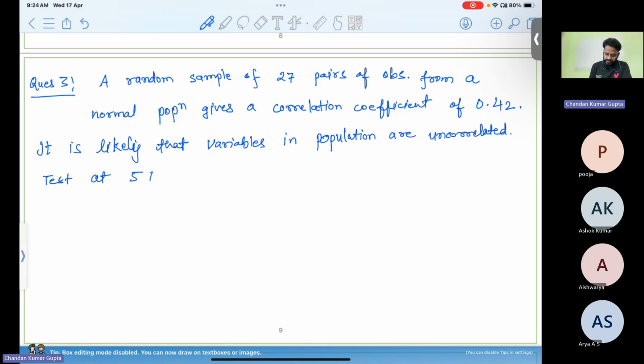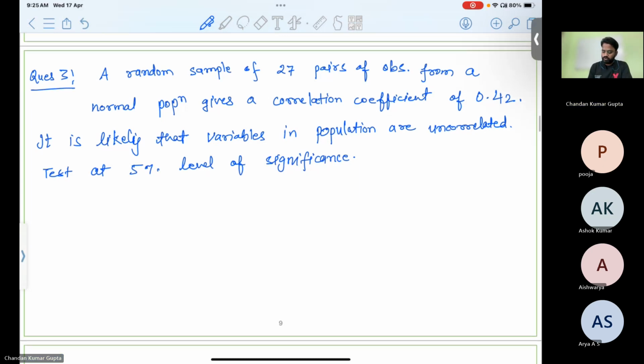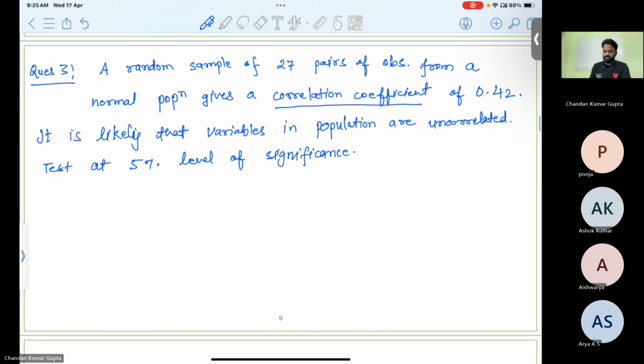Okay. So now we will test for the population correlation coefficient. Before, we have tested for the mean when sigma square is known or unknown, and for the variance when the mean is known or unknown. Then we tested for proportion. Now we will test for the correlation coefficient.